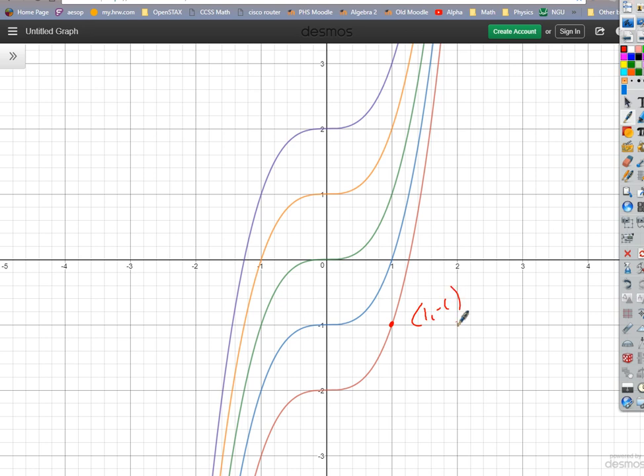Only one of the trajectories is ever going to go through that point. Can any of the trajectories ever cross? They can't, can they? If they're functions and they're offset vertically, none of these trajectories can ever intersect the other, and so only one trajectory is ever going to go through that point. And that's going to be the particular solution that matches this point, right?